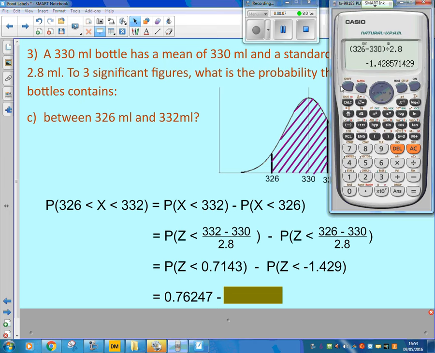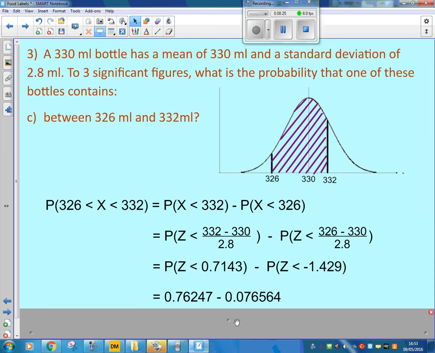So I do shift 1, 5, 1 again for P, and I'm doing P again of answer, so I don't have to type the thing in, otherwise I could make a mistake typing it in. Equals, and that's coming to 0.076564. Subtract those two numbers and I get 0.686. I'm not going to bother doing that subtraction. You can do it yourself, and round it to 3 significant figures.